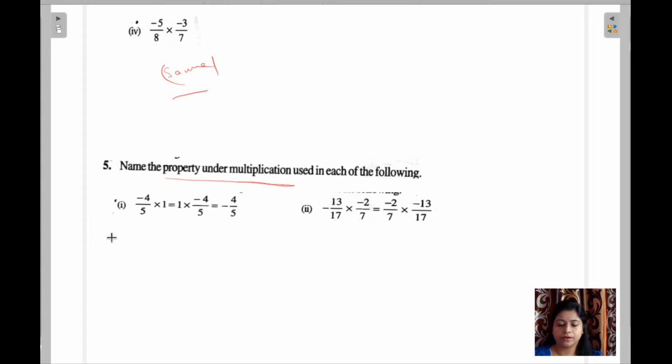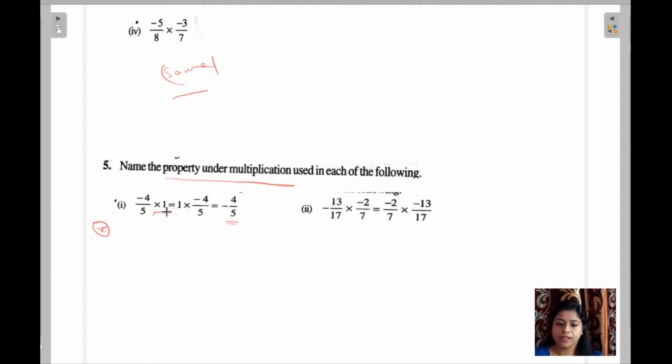Number 1 is this: minus 4 by 5 multiplied by 1 equals 1 multiplied by minus 4 by 5 equals minus 4 by 5. See, here first we have multiplied minus 4 by 5 by 1, then 1 came to the first place, multiplied by minus 4 by 5, and the answer is also minus 4 by 5.